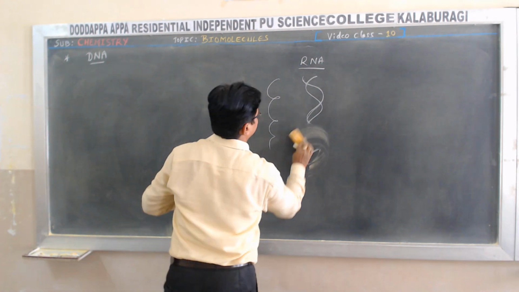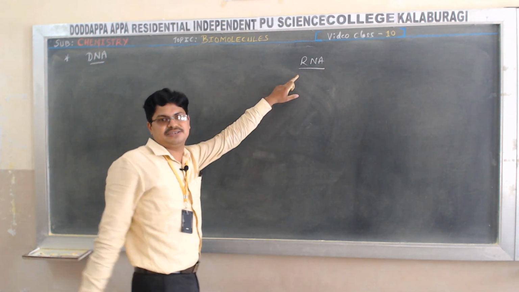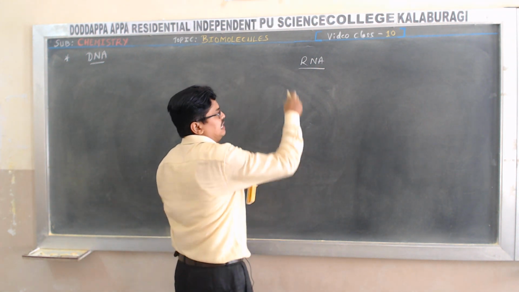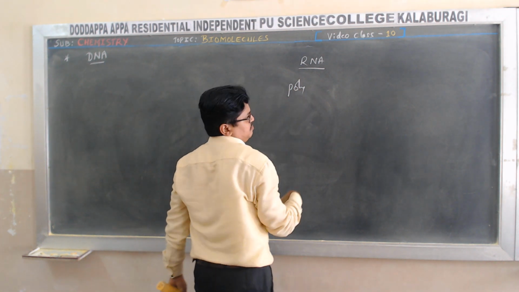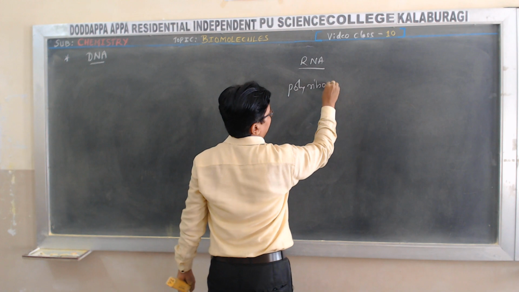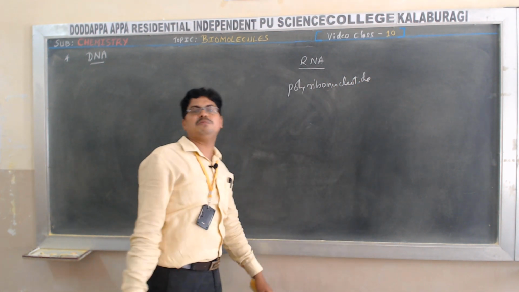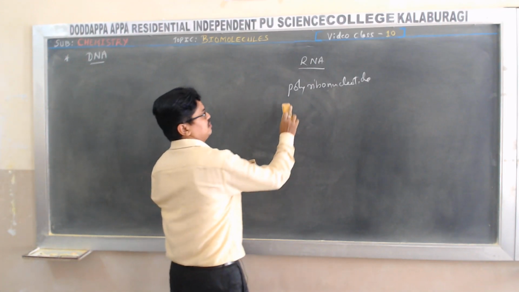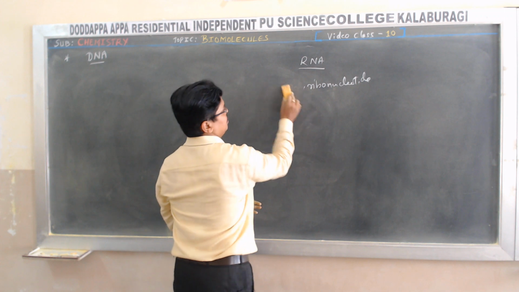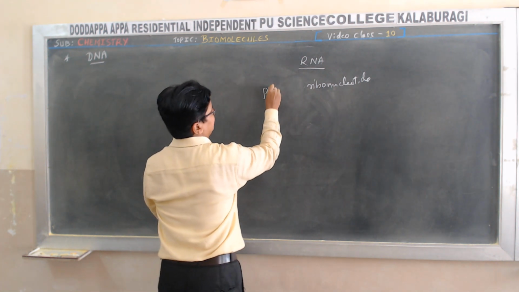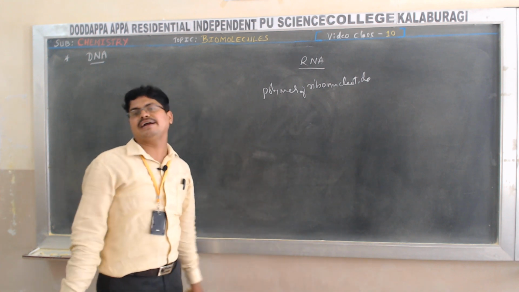Then what about the structure of DNA? RNA is a single stranded structure. It is made up of a single stranded polyribonucleotide. RNA is the polymer of ribonucleotides.